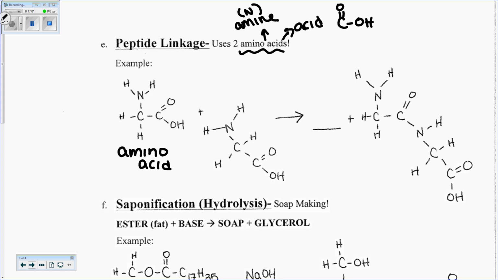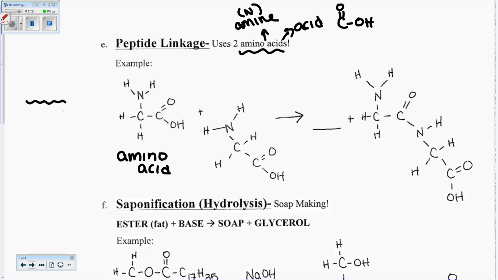Because I see that piece right there, and I see this N right there. I don't want them to distract you, so I'm going to move them. Perfect. So here's my amino acid.